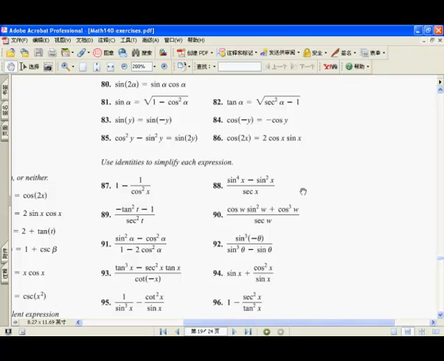Now let's go to page 517 and let's look at problem 90. We need to use identities to simplify this expression. And let me copy this expression on the whiteboard. So page 517, problem 90.